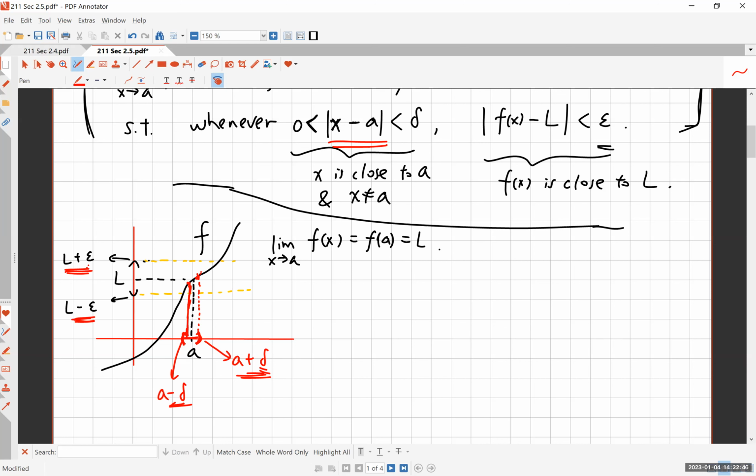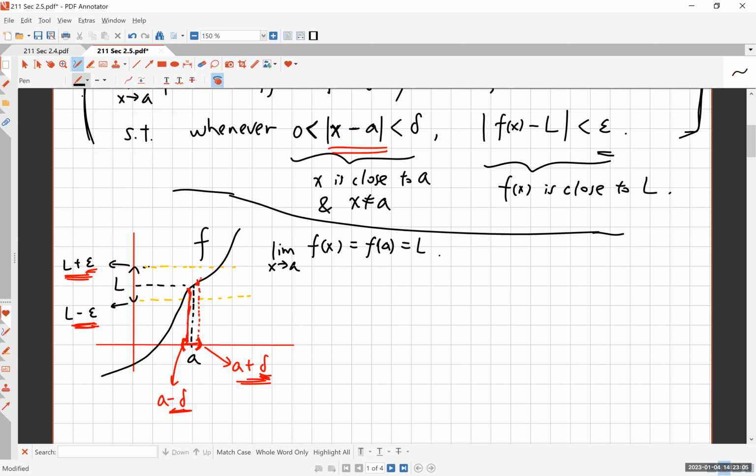Now the question is, for every epsilon anybody in the universe gives you at any time, can you come up with a delta so that this condition can be satisfied? If you can do that for every epsilon, then the limit of the function is L. And if you can't, then the limit of the function cannot be L. That is the precise definition of the limit.